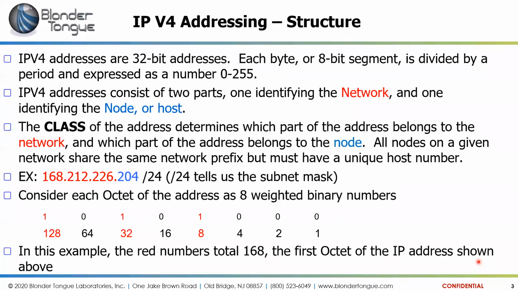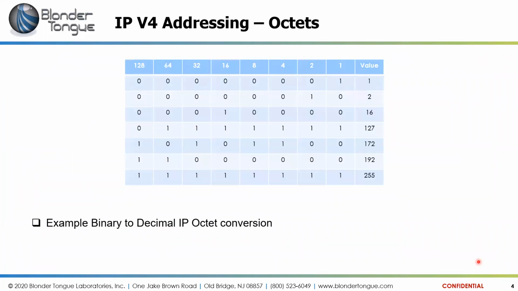If we were to write it out as binary instead of a regular number, that's how it would write out. In this example, the red number totals 168, which is the first octet of the IP address shown above. So that's how it would break down into binary. Here are some other examples of binary numbers, starting with 1.